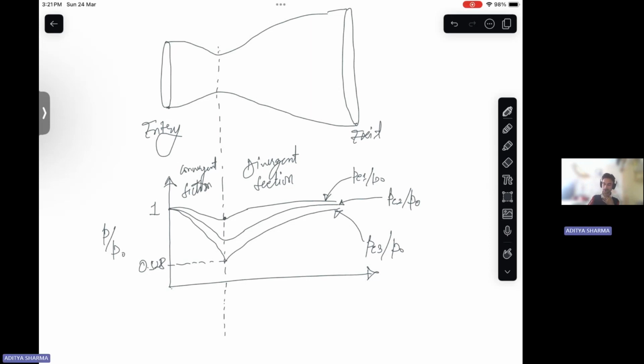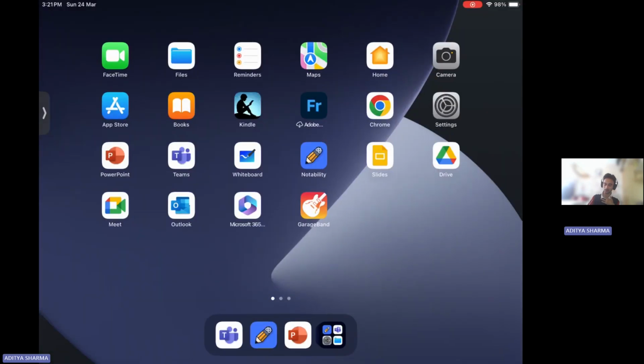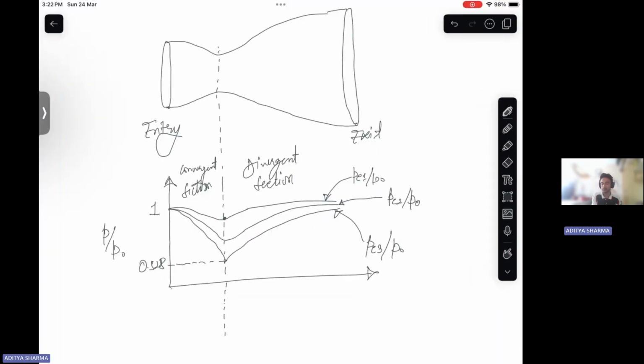So this is our nozzle, isentropic supersonic nozzle flow. Then there is isentropic subsonic nozzle flow. This is nothing but the PE1 and PE2 cases, right? In that case, the flow hasn't reached the sonic mark, even at the throat.